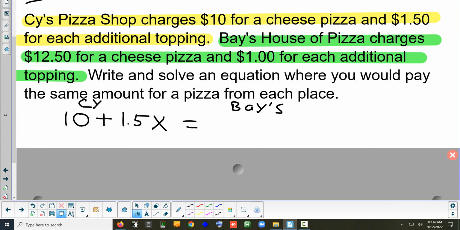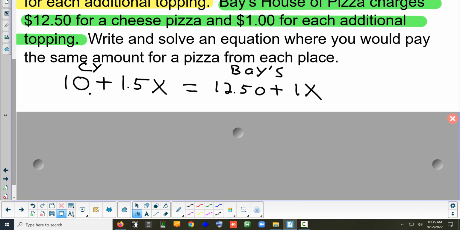What's it start with? Oh, starting with $1. That's okay. So what's the price of the pizza from Bay's? $12.50 plus how much is each topping? $1 times how many toppings we get. So times 1x. So this is the cost from Size. This is the cost from Bay's.